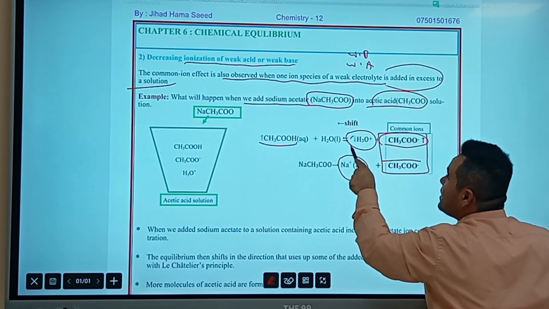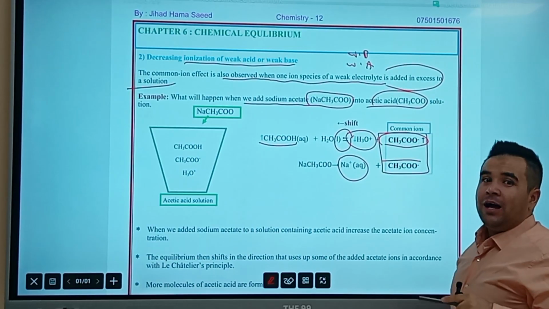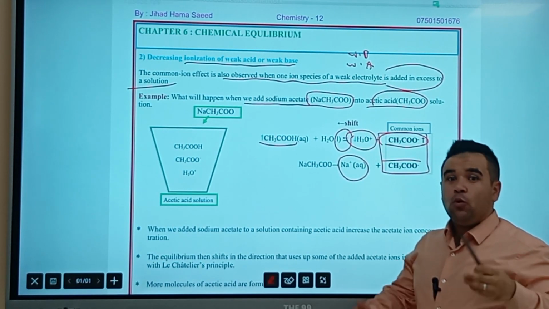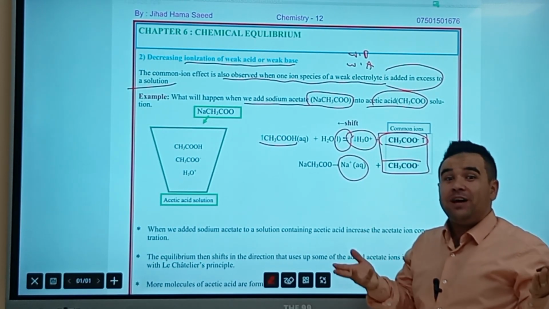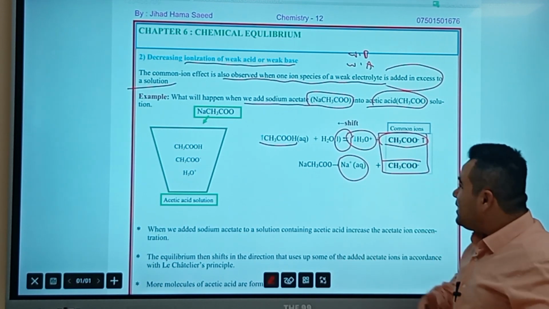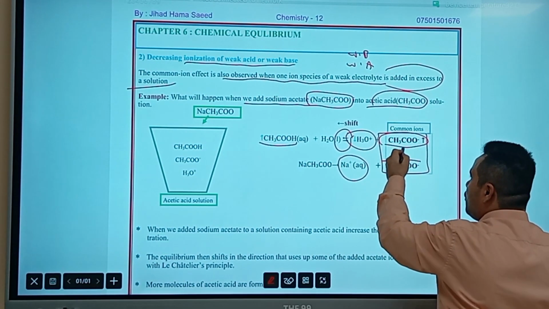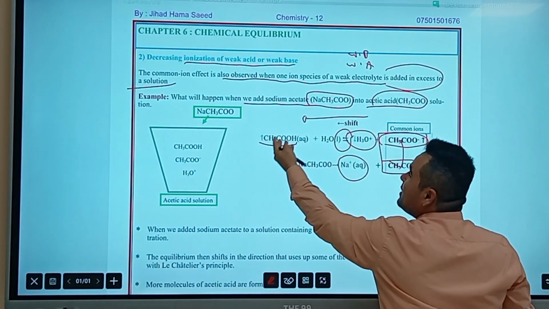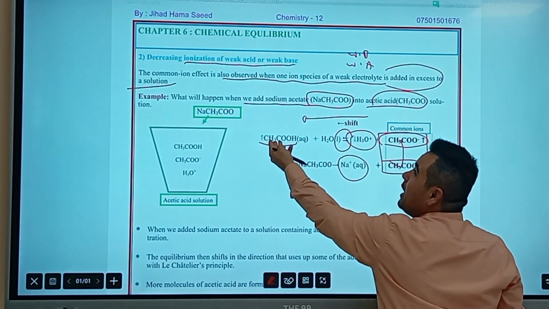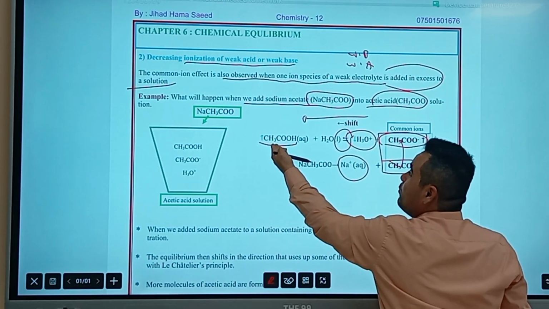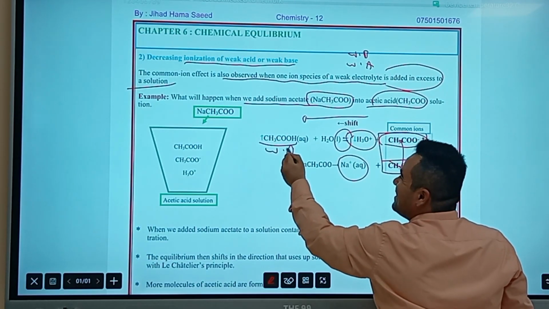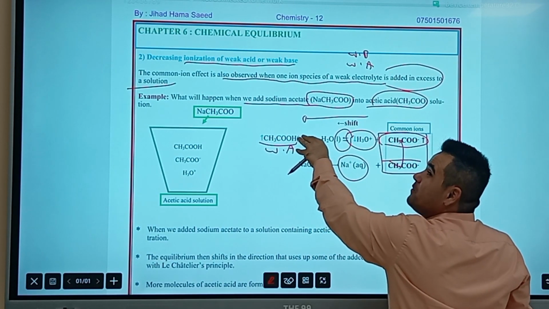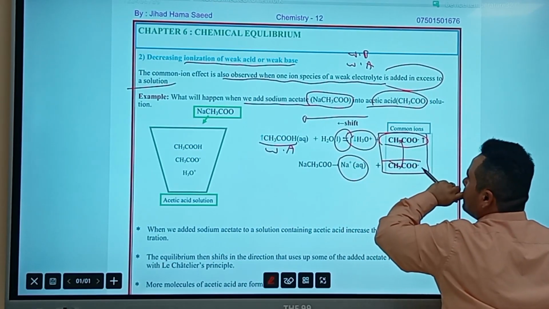Guys, as you can see, the reaction of the acid is a weak acid. It's a reversible reaction. So any addition of these two can shift toward the reactant side in the reaction of the acid. Because it's a weak acid, the reverse is much more favorable in this equation.